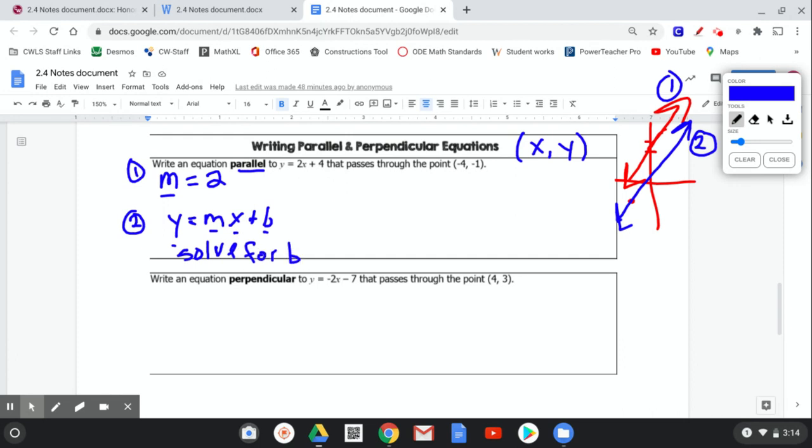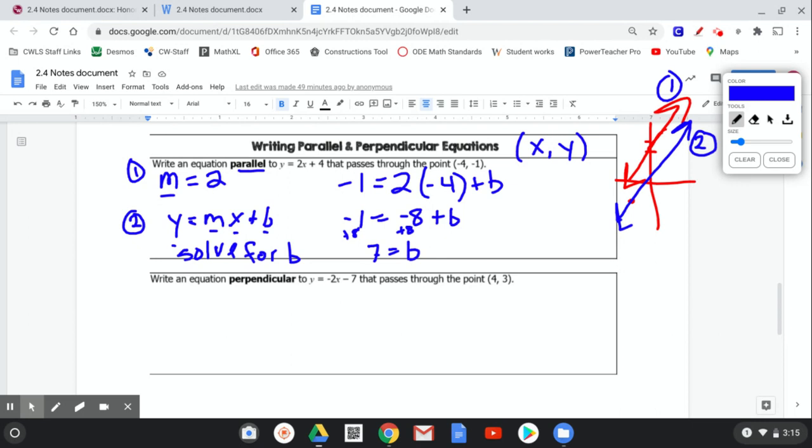So when we do that, we plug in -1 equals 2 times -4 plus b. Now back to algebra, I have to solve this equation. -1 equals -8 plus b. We're going to add 8 to both sides. So we get 7 equals b.